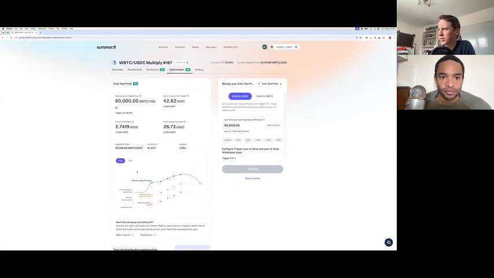So this is due to my screen size, but it's 80,000 Wrapped Bitcoin to USDC, and so that's the next trigger price. And again, estimated to receive, the current profit and loss, and the profit already realized to the wallet.